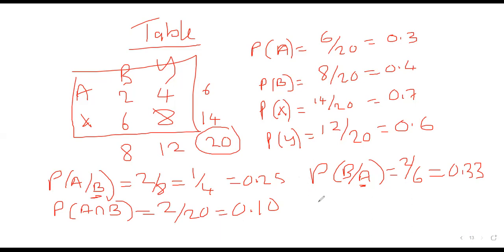Now, with the same theory, can somebody tell me what is X given Y? It's going to be 6 over what? 6 over 12, which is 0.5.